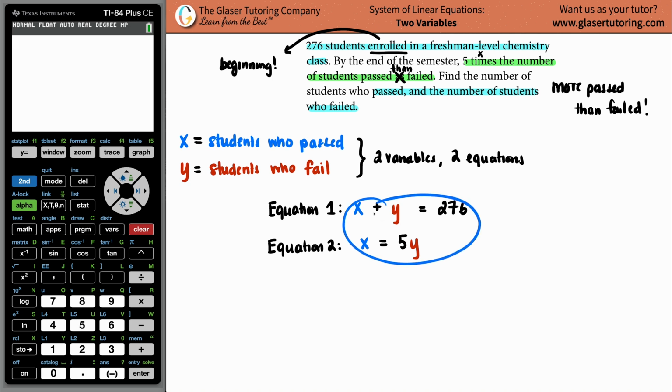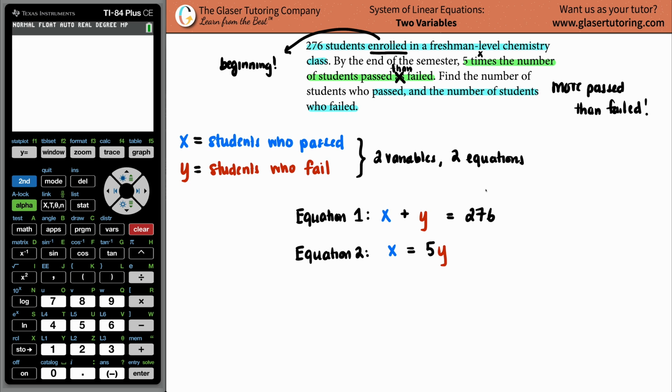Now we have the 2 formulas, so now we're ready to do a system of equations. Now, there are different ways to solve systems of equations: substitution, addition, elimination.